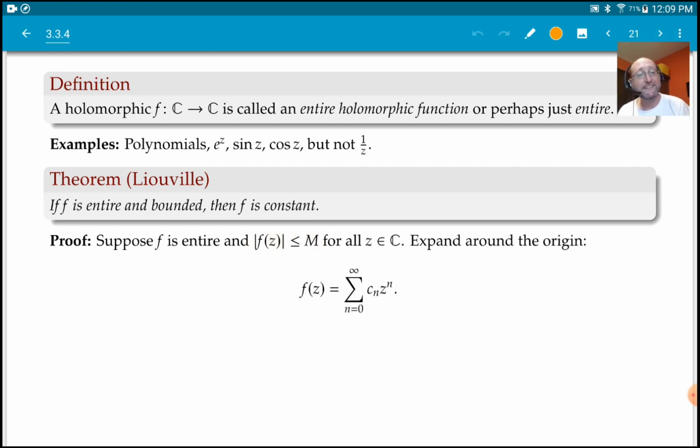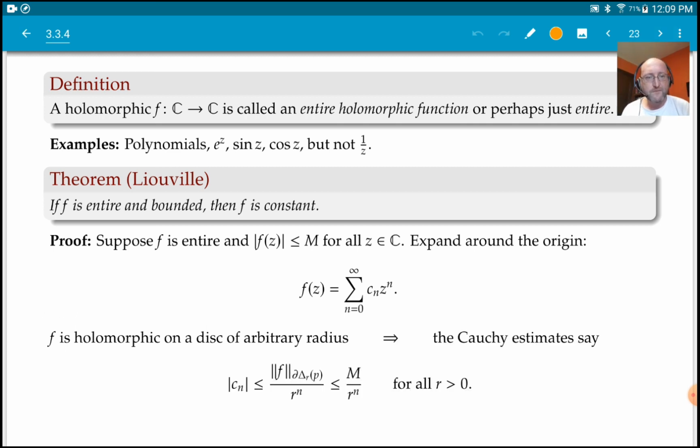All right, so let's expand it around the origin. You can expand it around any point, and this formula will actually hold everywhere. What's the largest disk that you can fit around the origin? We can fit any disk, meaning this formula holds for all z, and f is holomorphic on a disk of arbitrary radius around 0. So we just apply the Cauchy estimates.